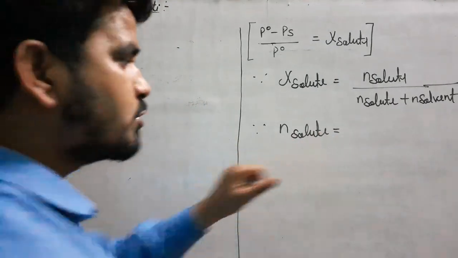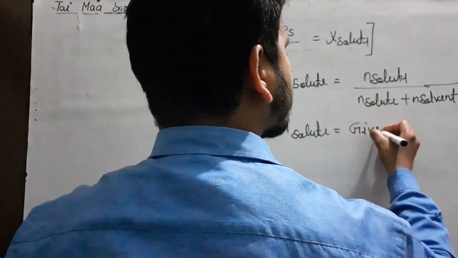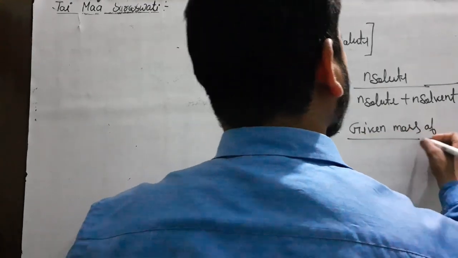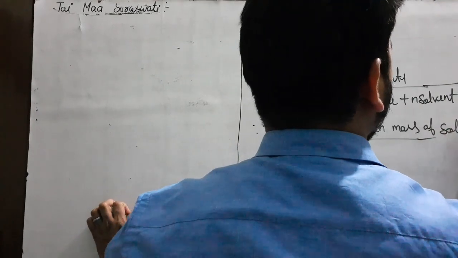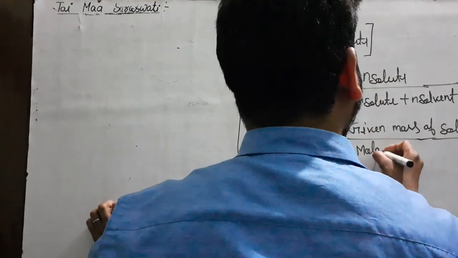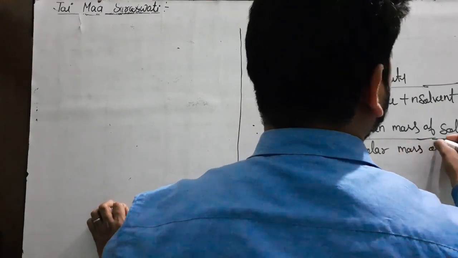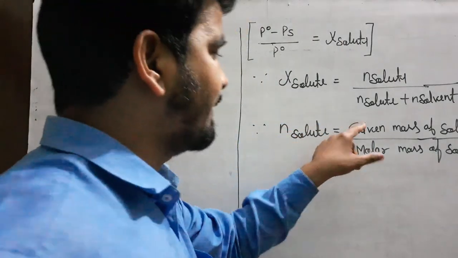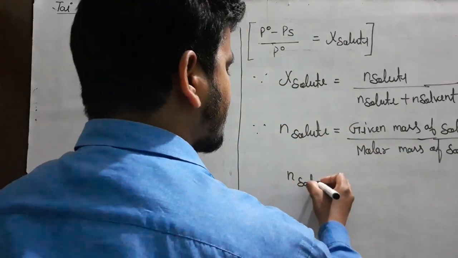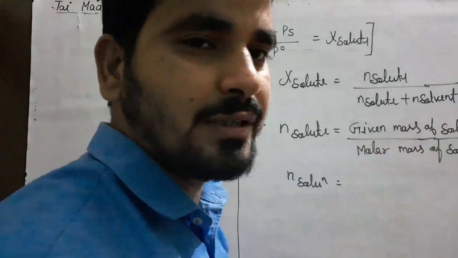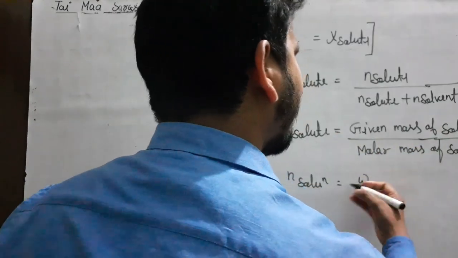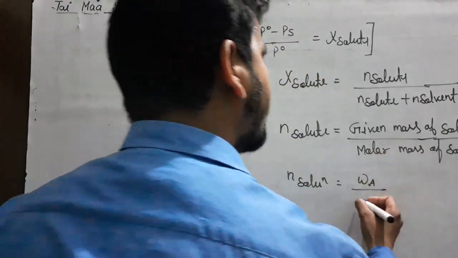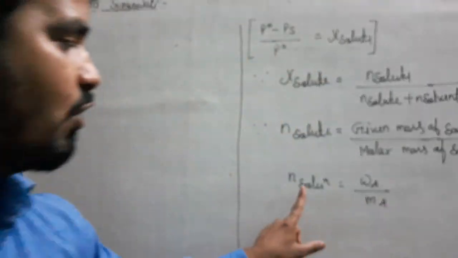Moles of solute is equal to the given mass of solute upon the molar mass of solute. Let the given mass of solute be represented by small w a, and the molar mass of solute by small m a. So n solute is small w a upon small m a.